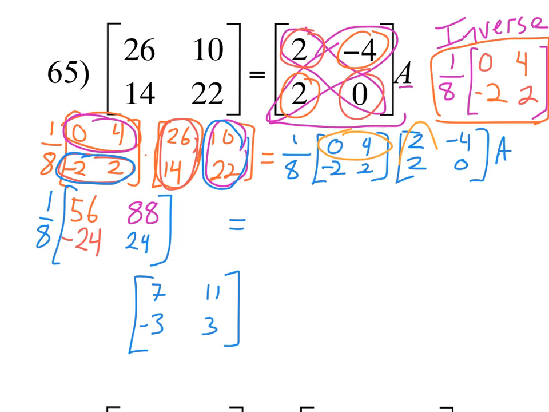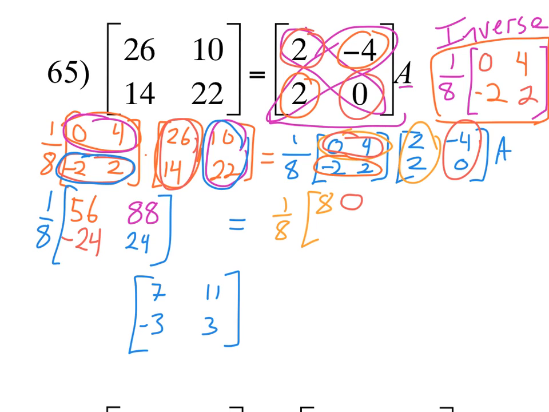First row, first column, 0 times 2 is 0, 4 times 2 is 8. That means we get an 8. First row, second column, we're going to have 0 times negative 4 is 0, 4 times 0 is 0.